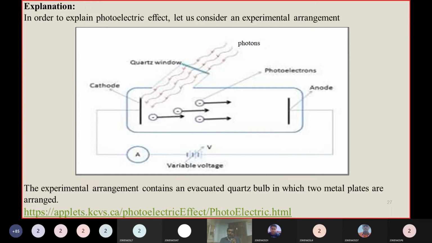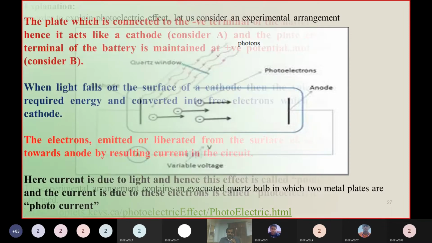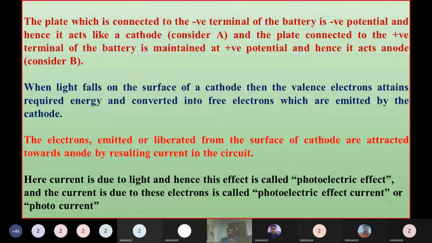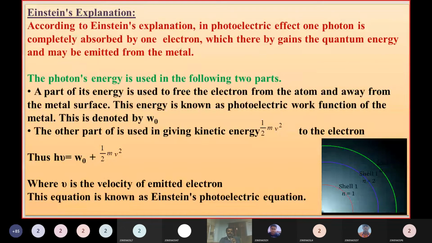This is whatever we discussed previously. Now, Einstein's explanation for the photoelectric effect. According to Einstein's explanation, in the photoelectric effect, one photon is completely absorbed by one electron, which thereby gains quantum energy and may be emitted from the metal.